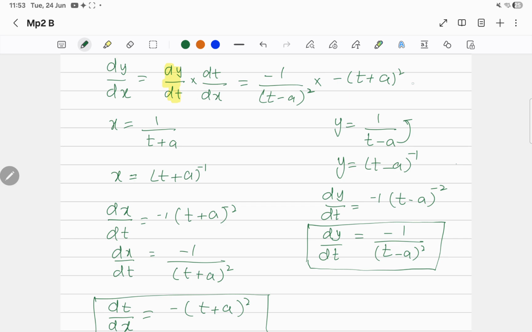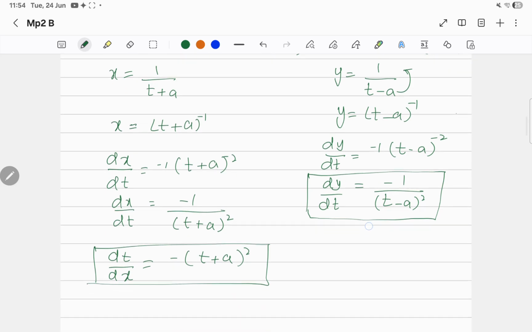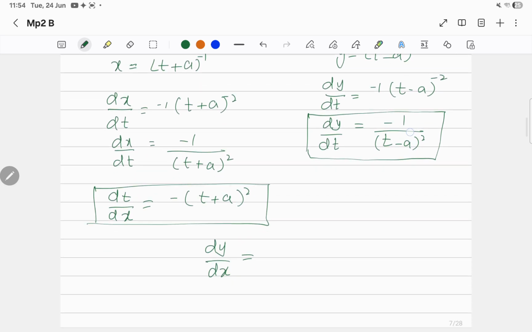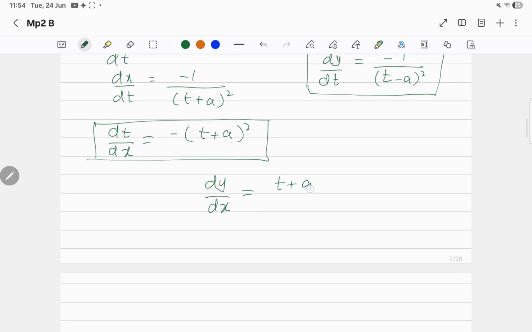Then minus minus is positive, the whole thing will be t plus a over t minus a whole power 2, because you have the same powers 2 and 2, so you can write it in a combined power. So finally we have dy over dx, which is t plus a over t minus a whole power 2.